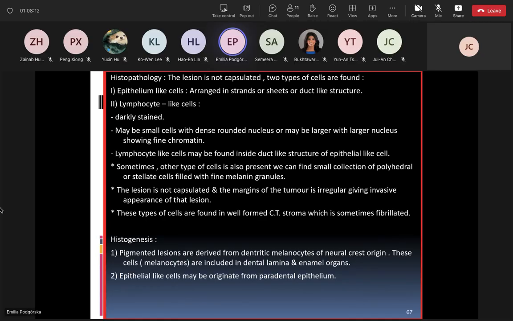Sometimes another type of cell is also present: small collections of polyhedral cells with fine melanin granules. The margins of the tumor are irregular, giving an invasive appearance. These cells are found in a well-formed connective tissue stroma, which is sometimes fibrillated.